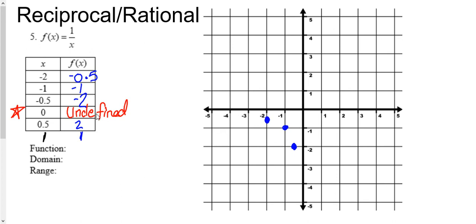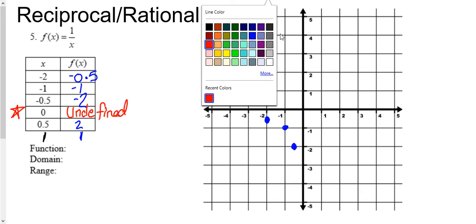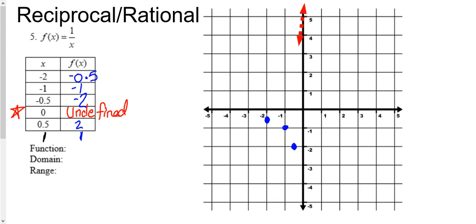At 0, we're undefined, so I'm going to draw a dotted line. And this dotted line is going to denote that, hey, we're going to skip that. And that's what this dotted line really means on our graph: whatever our graph is, we're going to skip that dotted line. Our graph will never ever touch this dotted line. It's going to avoid it as best as it can.